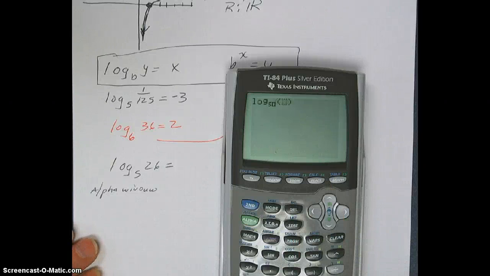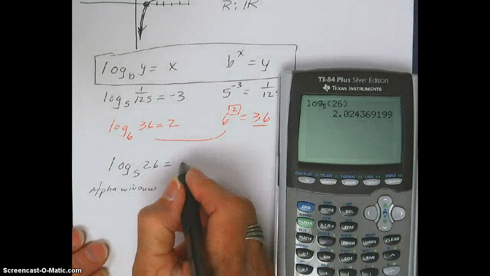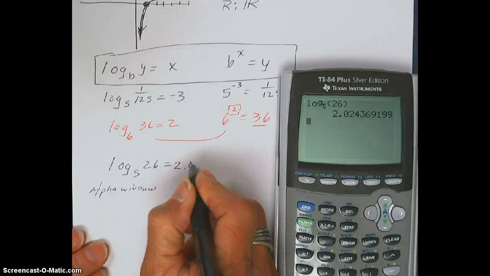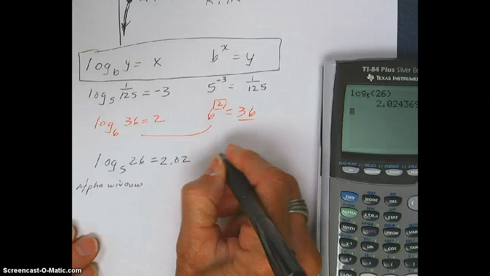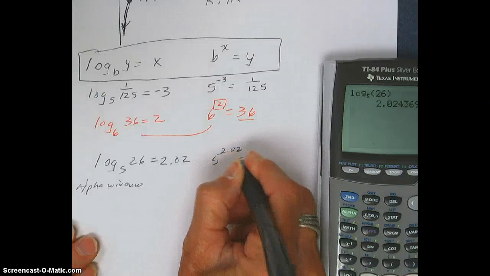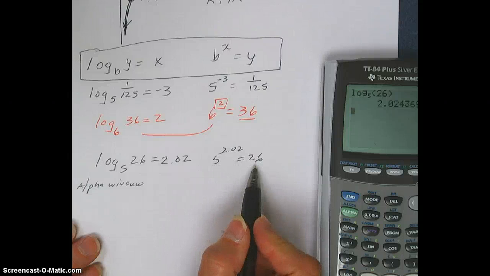And log the base 5 of 26 means what? 5 raised to the 2.02. This means 5 raised to the 2.02 equals 26. And that should make some sense to you because we know 5 squared is equal to 25.